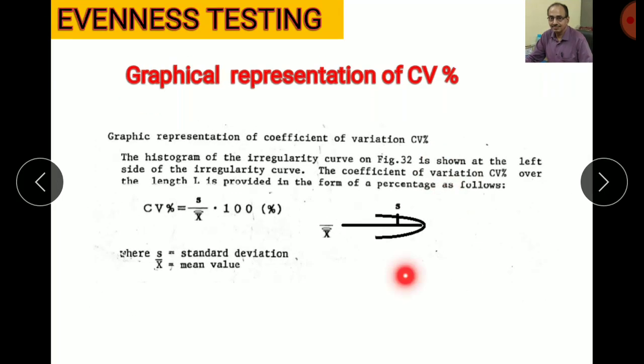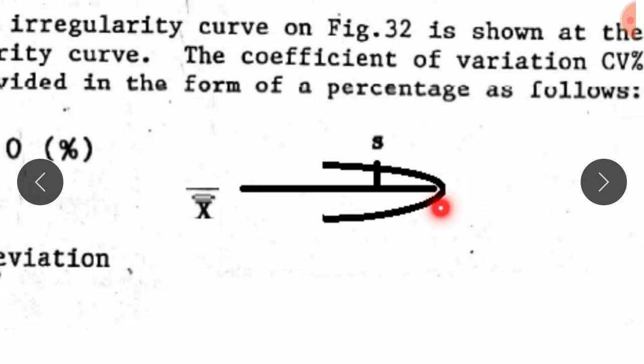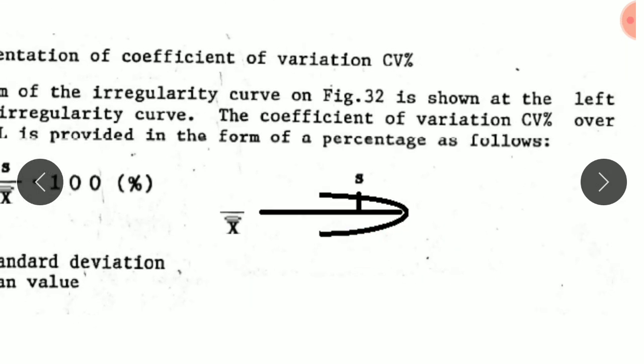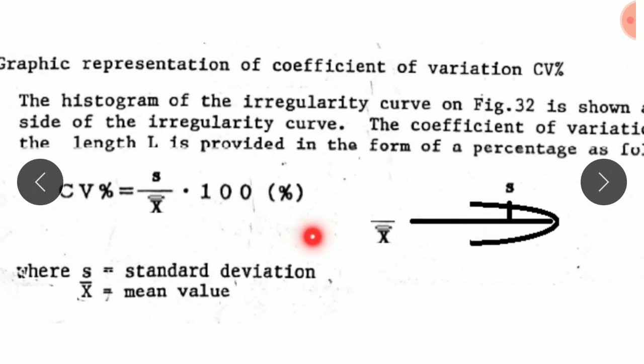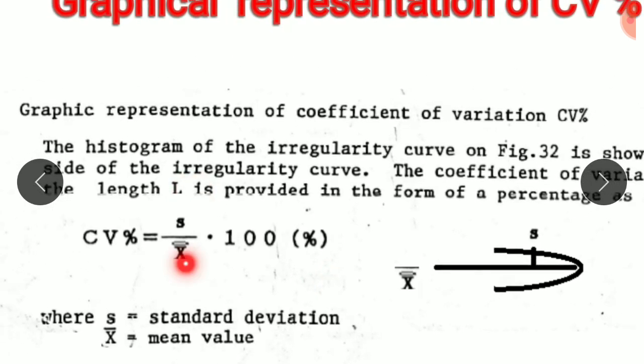The closer the curve, the lesser the deviations; the more spread out it is, the more the deviations. So graphically we can see S, standard deviation, divided by x bar, into 100. This represents graphically the CV of the materials.